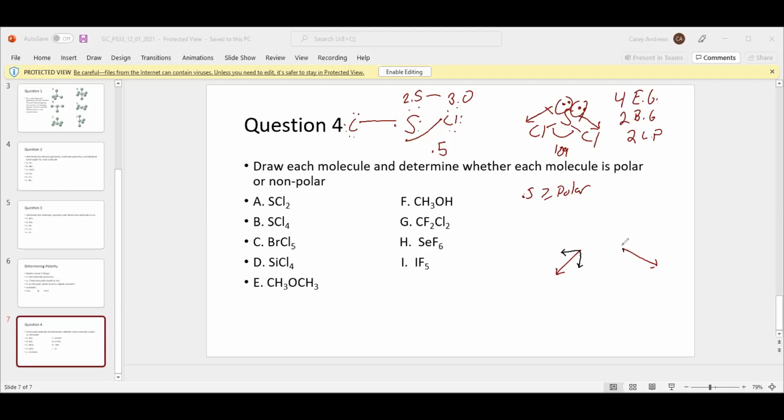One is going straight down. The arrow going to the bottom left is going to the left, and the arrow going to the bottom right is going to the right. So do these vectors cancel out? Well, the left and right ones do, but the bottom ones don't. They actually add together. So since arrows that go like this don't cancel out, this is a polar molecule.